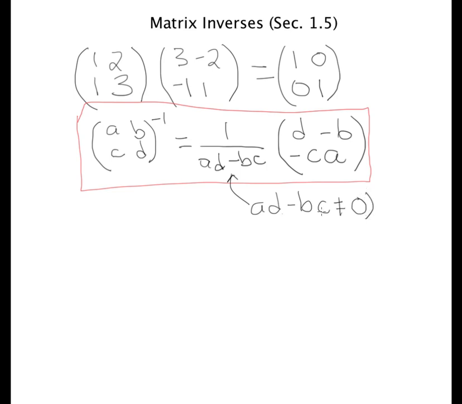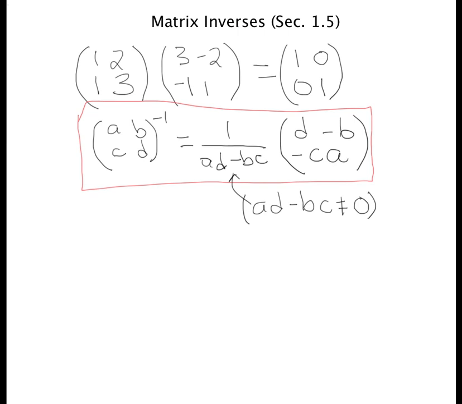In fact, a 2 by 2 matrix has an inverse if and only if AD minus BC is not 0, and there's its formula. I'm sure many of you recognize that as the determinant. I suggest that you check the formula that's written down here, and if you want to see how that's derived, it's on page 32 in the book.